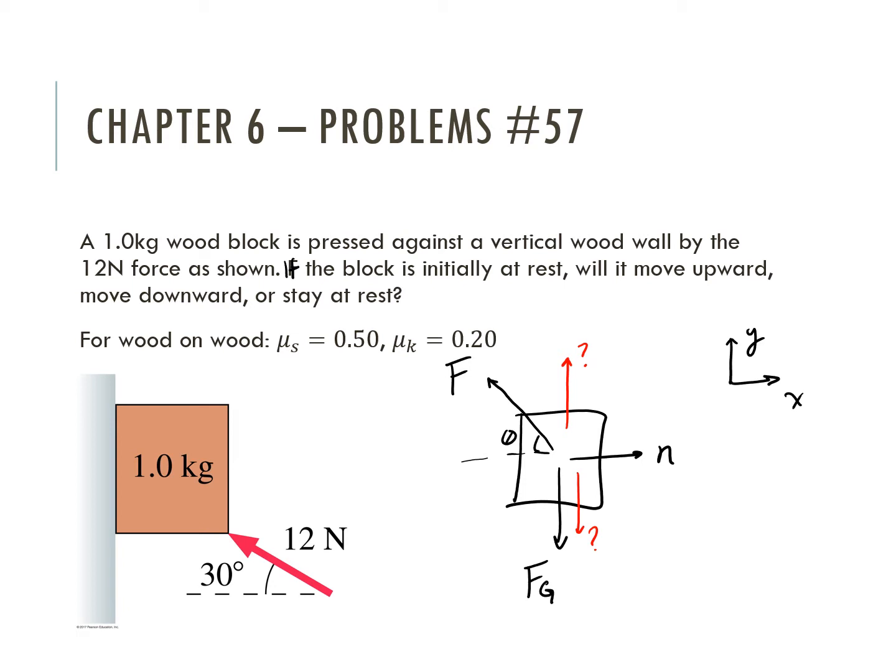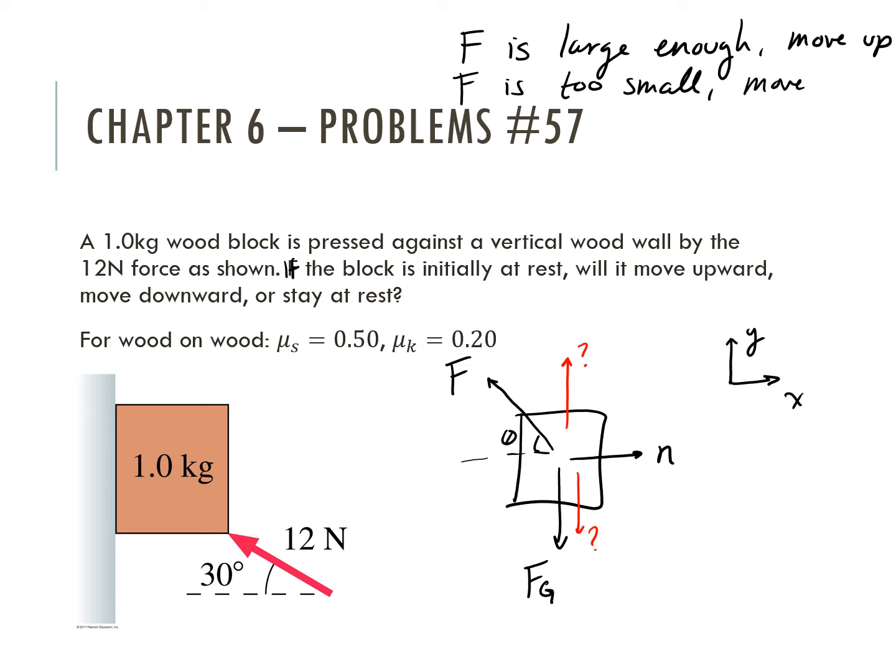So what we're trying to figure out is, if F is large enough, we move up. If the force is too small, it moves down. So I need to figure out, well, first off, can I overcome static friction? If yes, which direction is my object going to move?